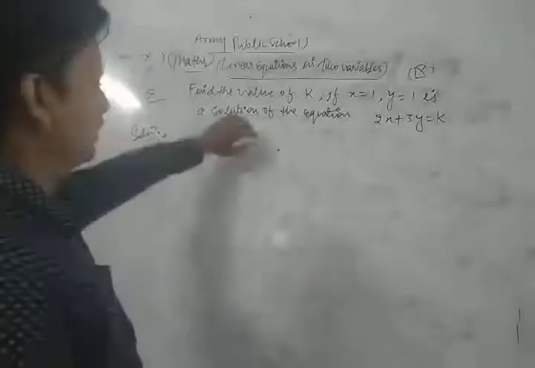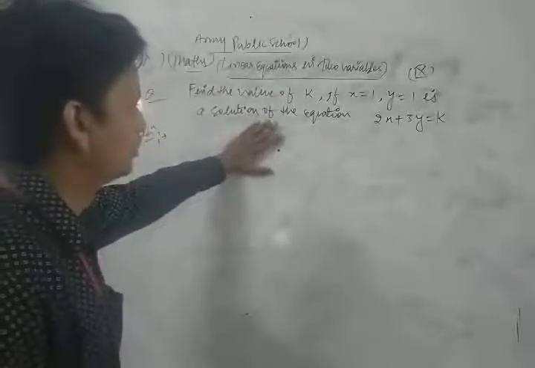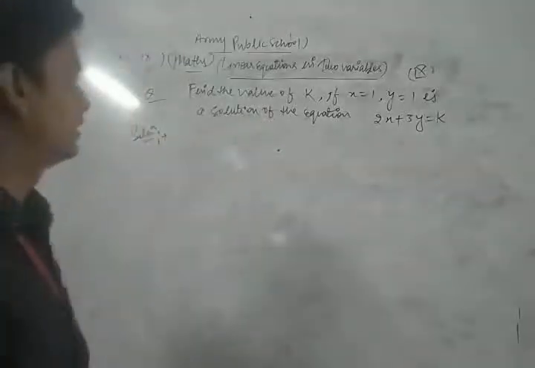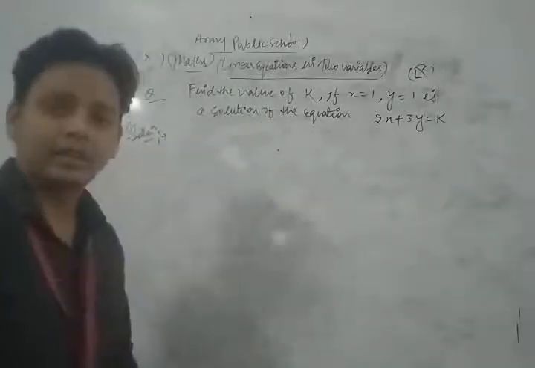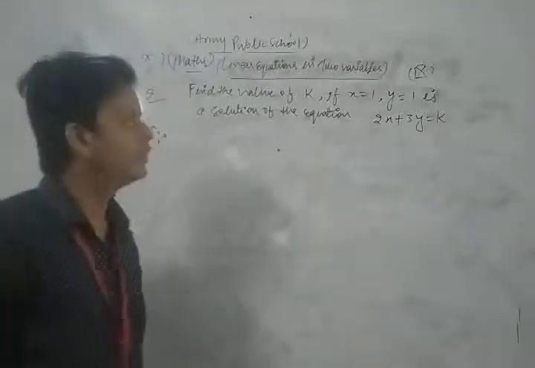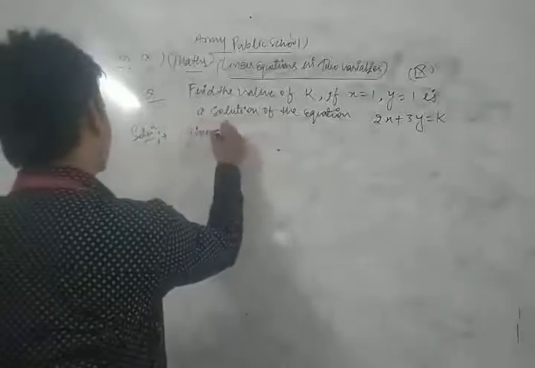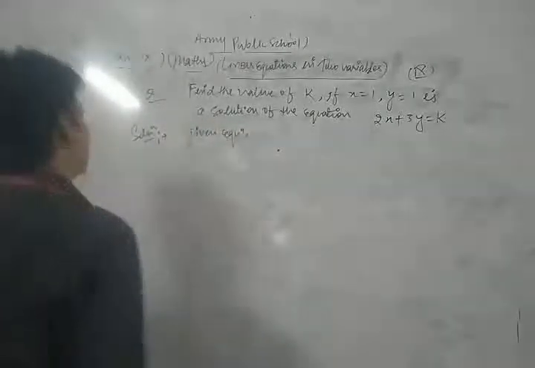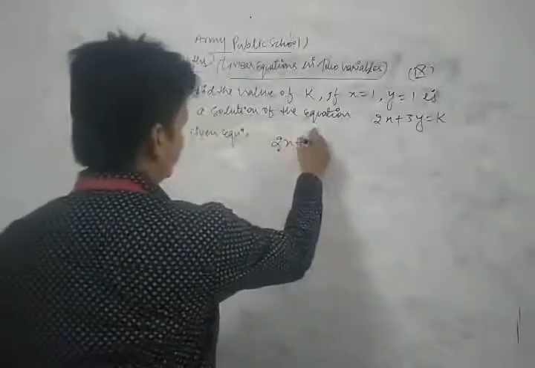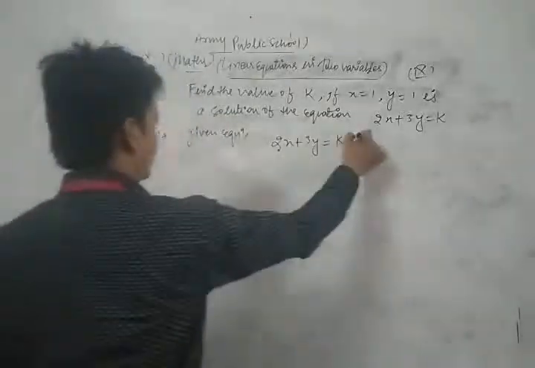Okay. Listen, this is one of the most important questions of your syllabus. Let's see. Find the value of k. If x is equal to 1 and y is equal to 1 is the solution of the equation, we find the value of k. Okay, now let's see. First of all, we write the given equation. Given equation is 2x plus 3y is equal to k. Okay, we take this as equation number 1.